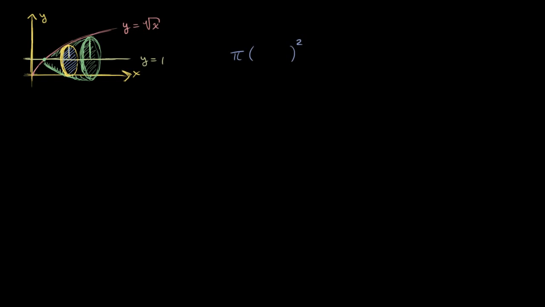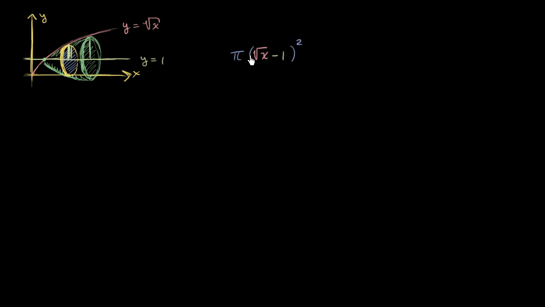This length right over here, square root of x minus 1 for any given x in our interval. So it's going to be equal to square root of x, let me do that same orange color just to make it clear where I'm getting it from, minus 1. It's essentially our function minus what we are rotating around. That gives us the radius.